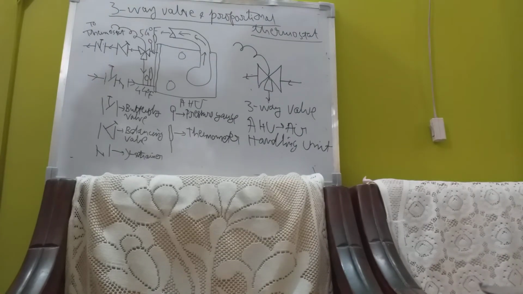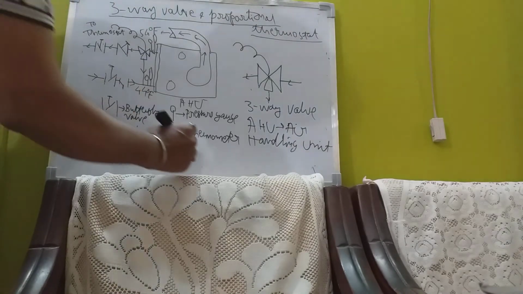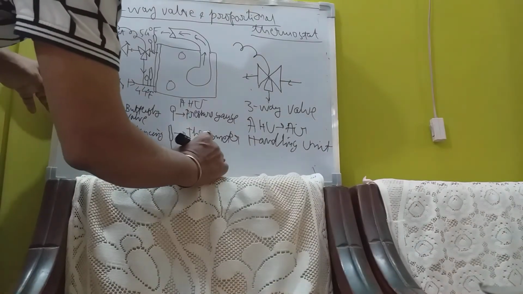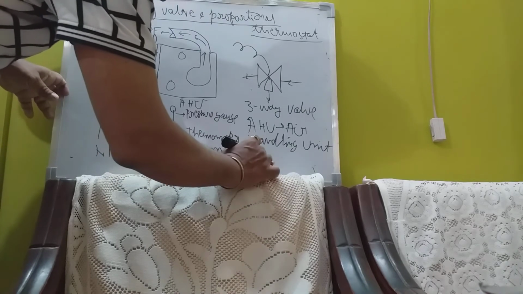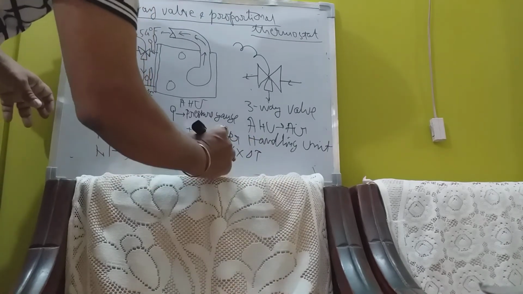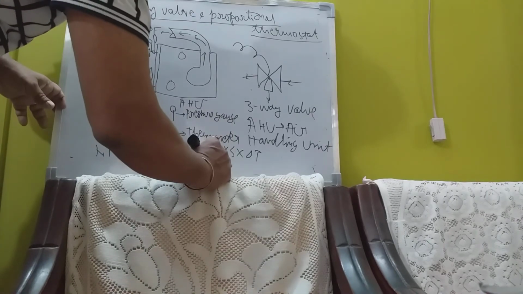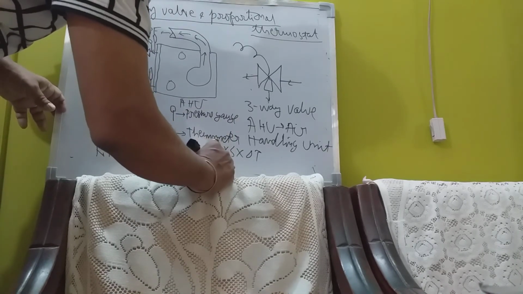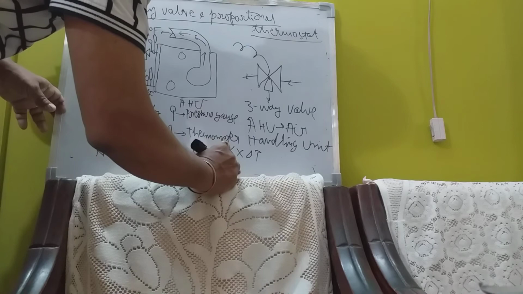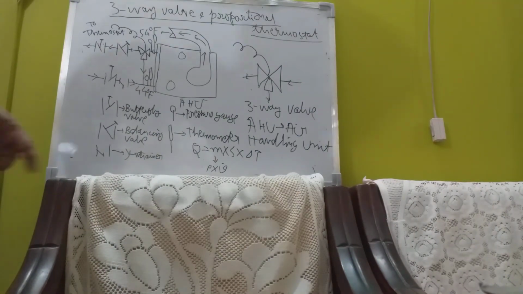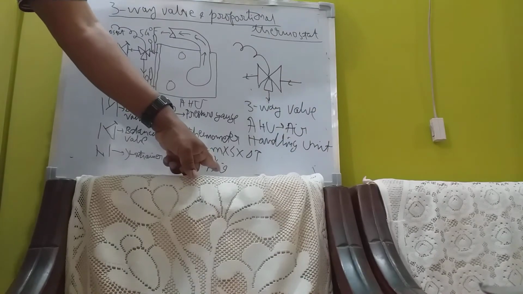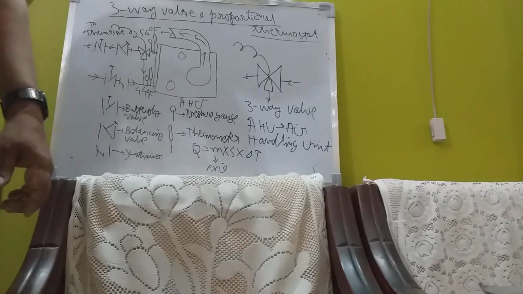You understand the tonnage of load, why less it is? Because Q is equal to mass into specific heat into delta T. Mass is density into volume, so mass flow rate M is equal to density into volume flow rate. So, when we decrease the volume flow rate, the mass automatically decreases.